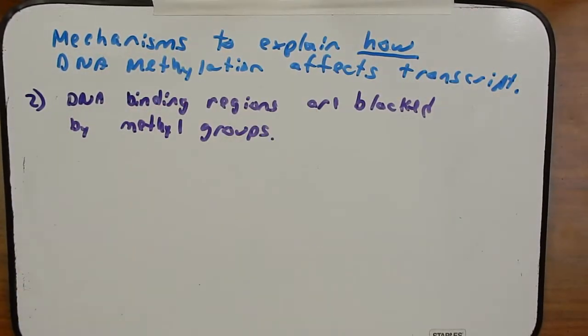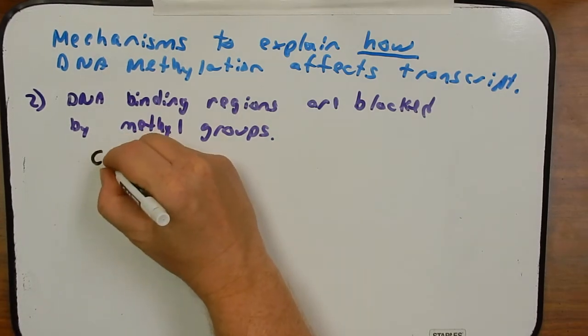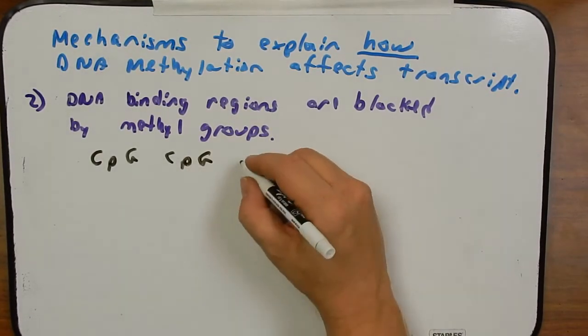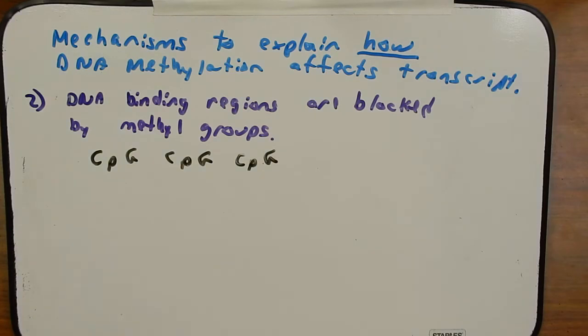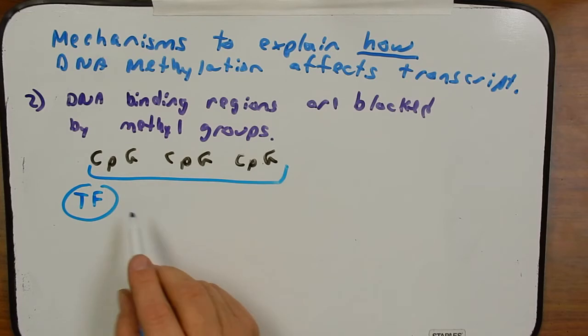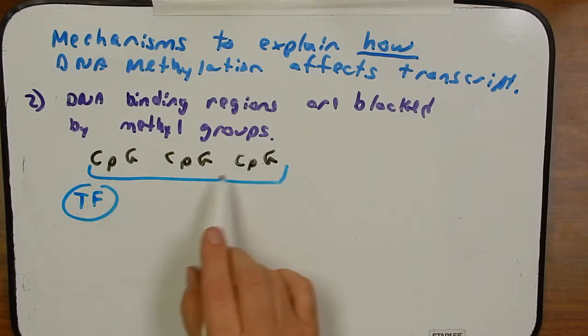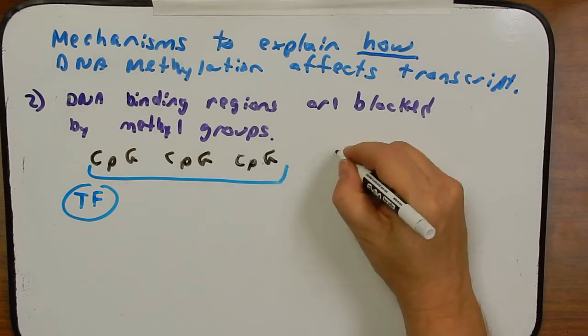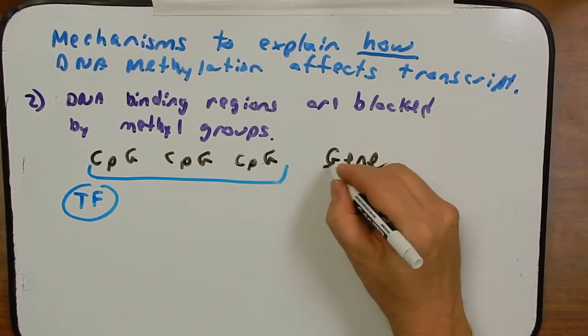In the last podcast, I introduced you to these terms, the CpG repeats, cytosine phosphate group guanine, cytosine phosphate guanine, and so forth. It could be that transcription factors recognize this sequence, or a sequence similar to this, but certainly a sequence with a lot of these CpG repeats. This is the sequence these transcription factors recognize in order to turn on the transcription of this gene down here.